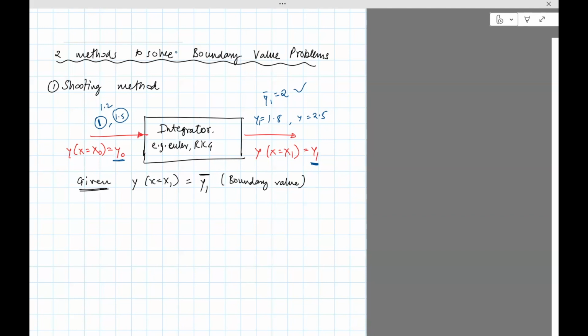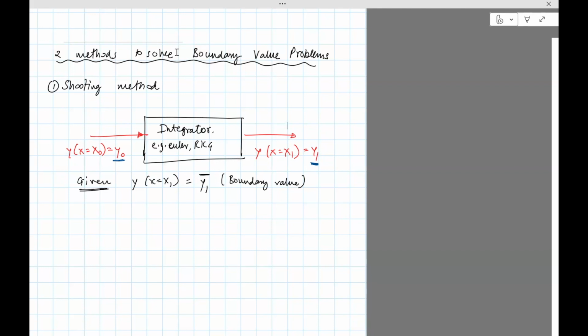Maybe it's 1.2. So when you put 1.2, maybe it's 2.1. So you can keep guessing an initial value till you see that the output is the desired value. That is the shooting method, because you put in an input, you shoot, in the sense you integrate over the whole horizon, look at the final value, and check if it's the right value. If not, you change it.